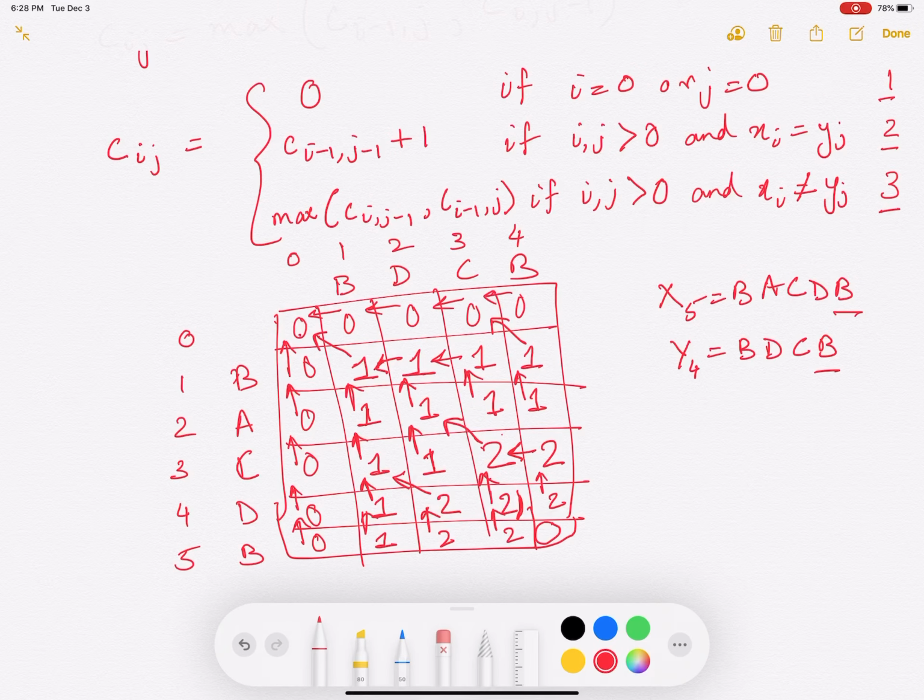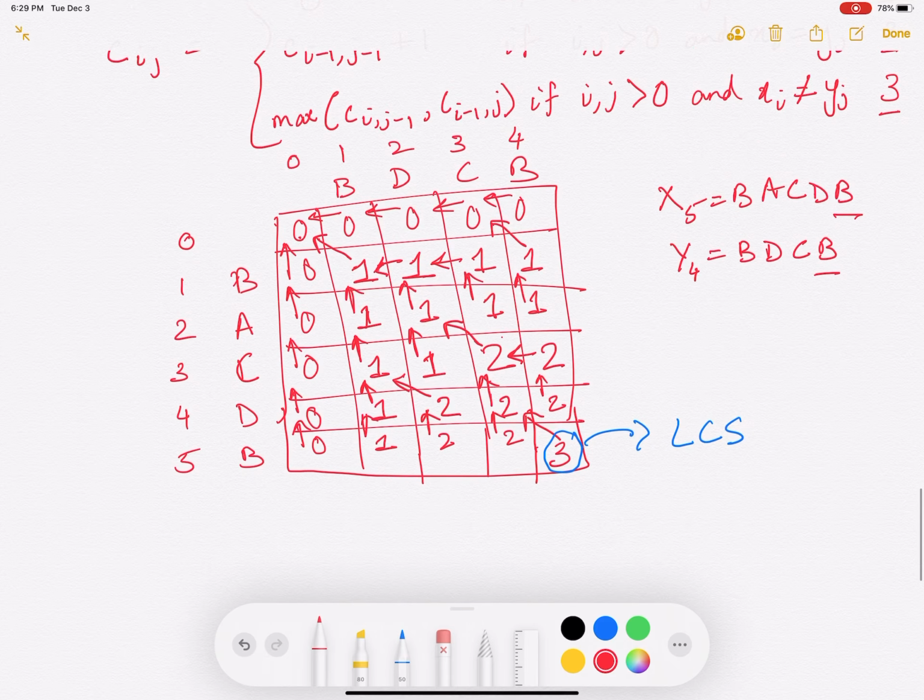So I'm going to use the eraser to get rid of these. So what we're going to get here is 2 plus 1, that is 3. So you're going to get a 3 here. And this is your LCS, or the longest common subsequence between X and Y.